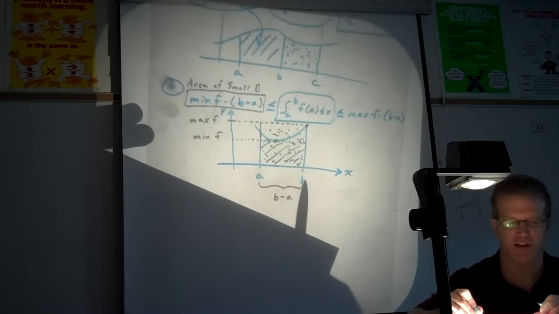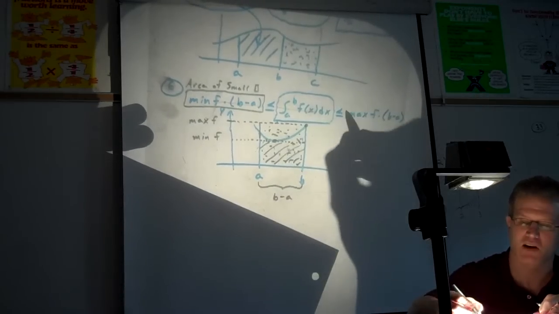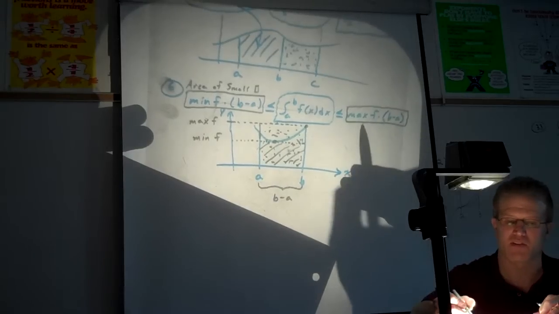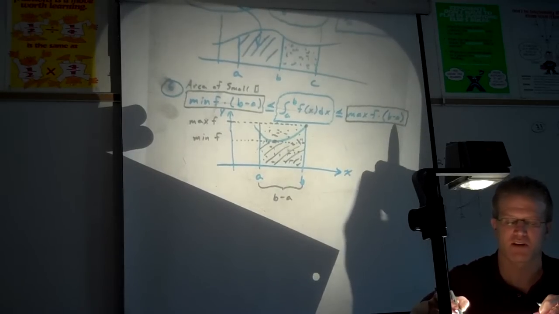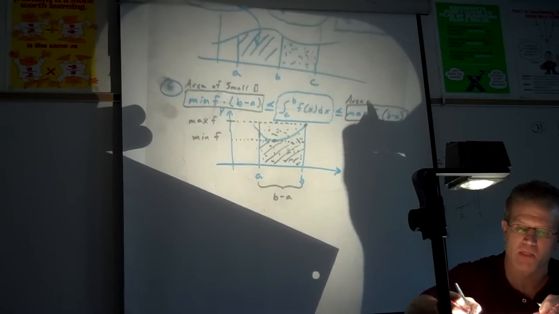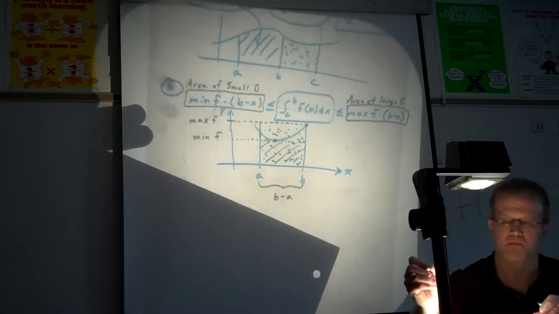Max of f times b minus a. Yep, the max of f would give you the height. B minus a would give you the width. So that's what we have over here on the right. The max of f is the height of your rectangle. B minus a is the width. When you multiply them, you get the area of the rectangle. So this is the area of the large rectangle. Okay?